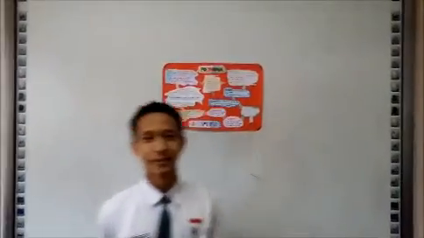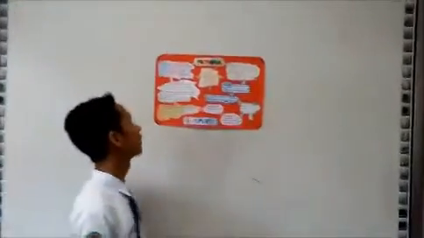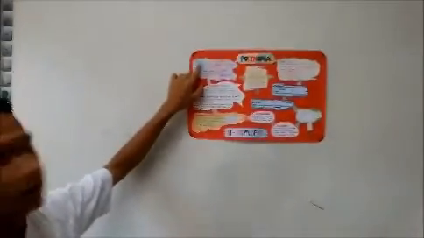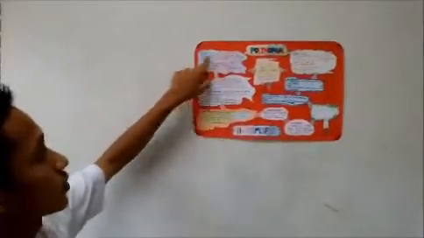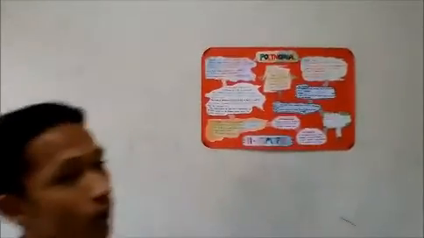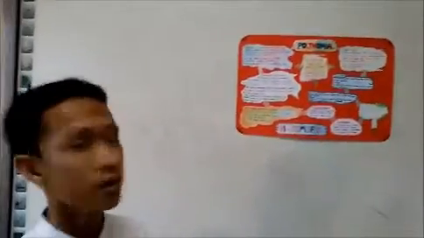Hello, my name is Muhammad Novel. I will explain about monomial. Monomial is an algebraic expression which comprises a single number or the product of a real number and one or more variables raised to whole power.